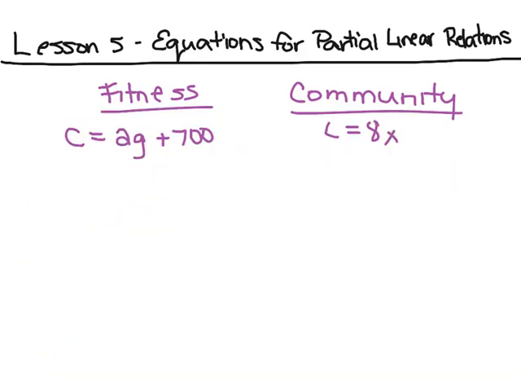Part B. Part B is asking us if you use the facility twice a week all year, which option is less expensive. So twice a week for a year would be the same as 52 times 2. There's 52 weeks in a year. So we have 104 visits. So we want to substitute in g is equal to 104.